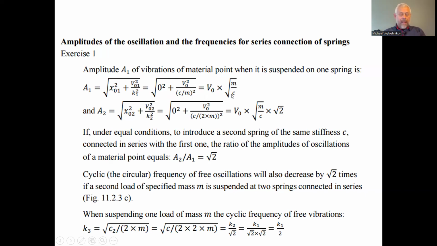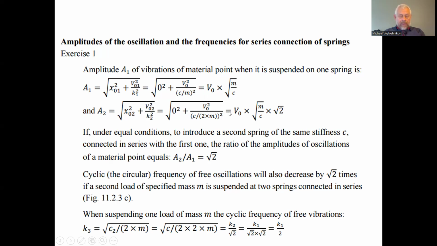the stiffness index of the spring. If we connect two springs in series, in the denominator under the root the stiffness characteristic of the spring is C divided by 2, squared as well, everywhere we have squared, because this is the Pythagorean theorem.